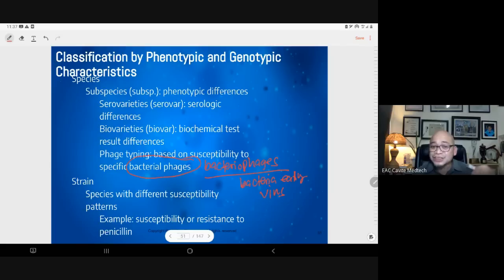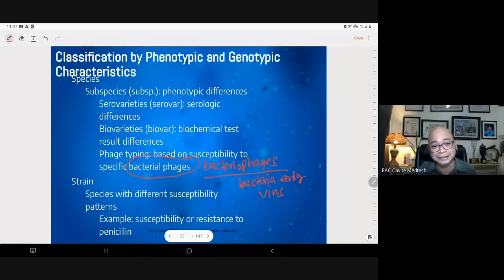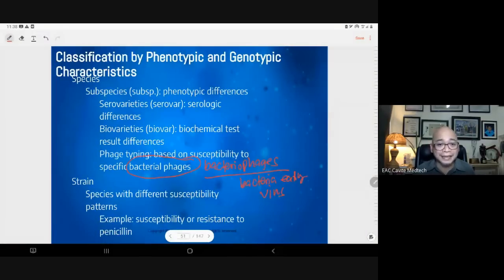And when we say strain, our primary basis is its susceptibility or resistance to a certain antibiotic. Example, penicillin. So there are strains that are susceptible to penicillin, and there are even strains that are not susceptible or resistant to penicillin. So that's what we meant by strains.